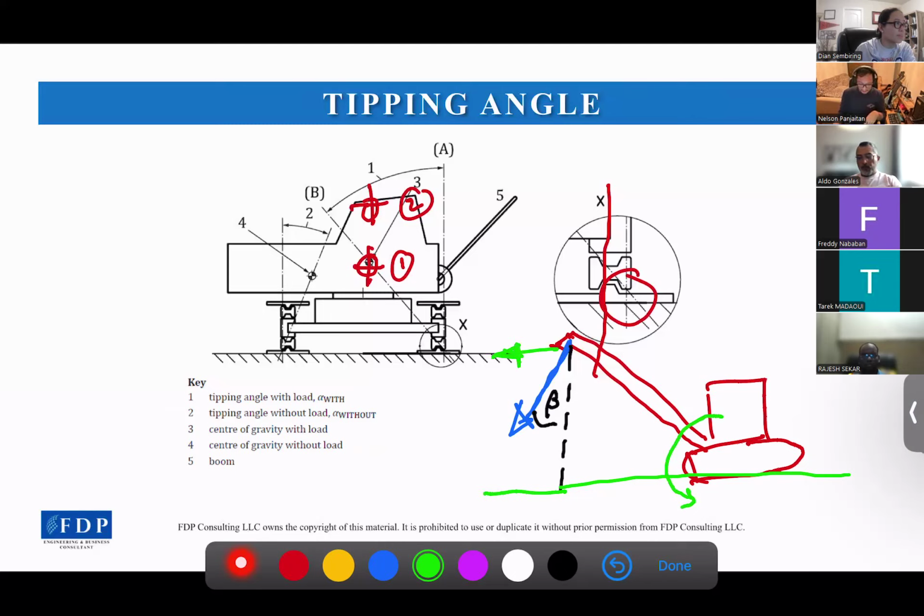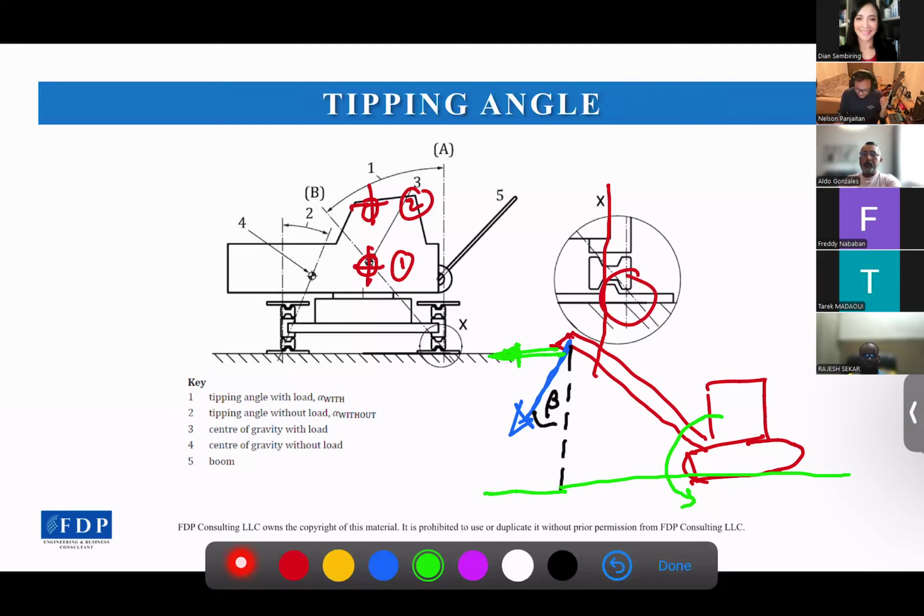As we know, there will be an additional projected horizontal load due to the tilting angle, so it will create the additional moment. And engineering-wise, this projected force will make the COG move higher than the original.